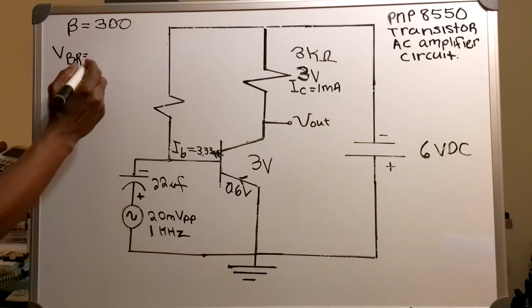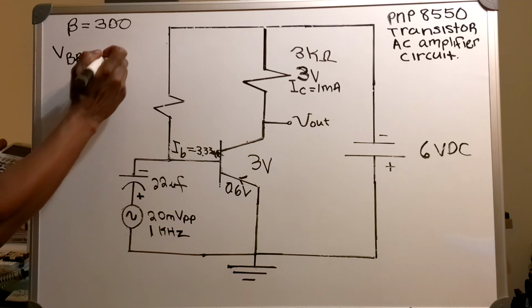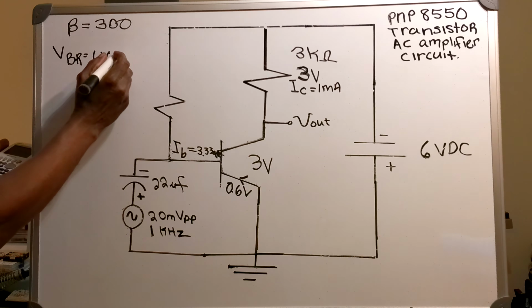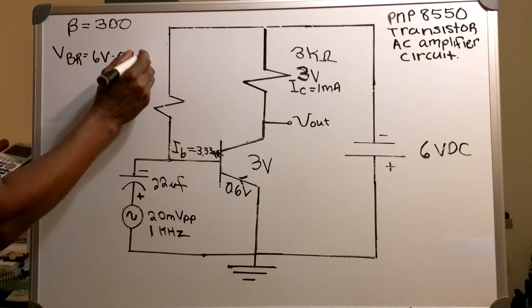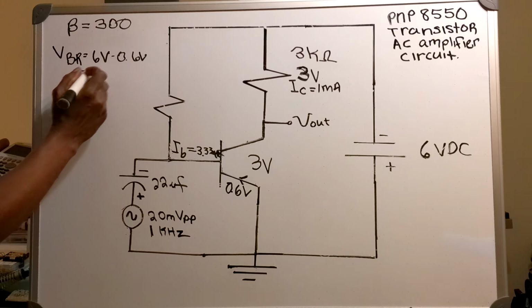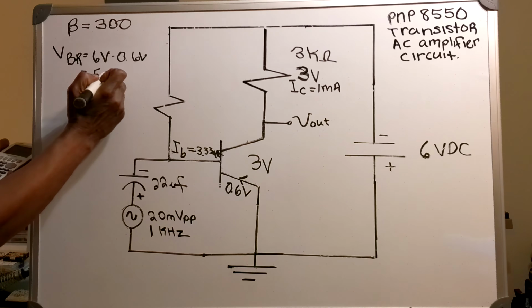That equals 6 volts minus 0.6 volts, and that gives me a voltage of 5.4 volts.